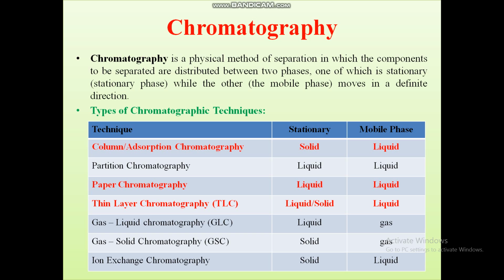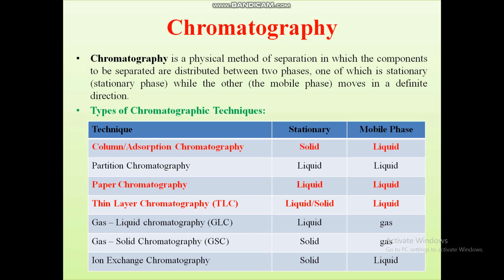Earlier this technique was used to separate the components of natural origin on the basis of their color, because chromatography, chromo means color. But nowadays this technique is used to separate all different types of organic compounds irrespective of their colors.